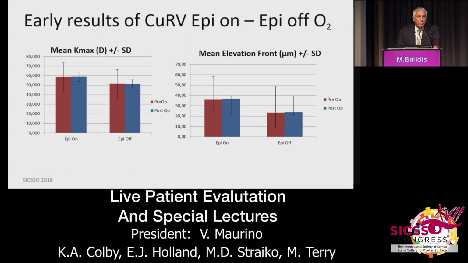And here are some very early results that we have regarding epi-on or epi-off procedures. And by epi-off, I would like to make sure that we use a specialized mask. We are only one of the 3 or 4 centers in the world that use a specialized oxygen mask, so as to increase the oxygen consumption during the cross-linking procedure.